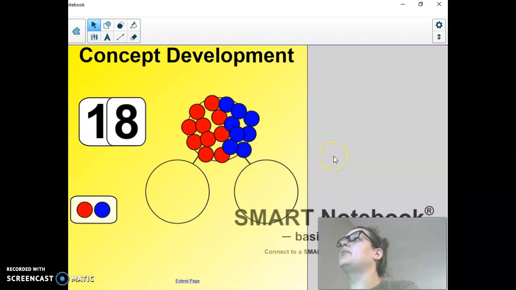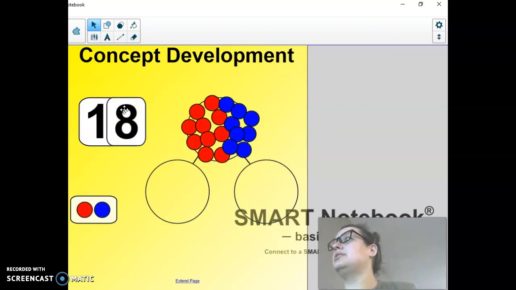Okay, now for this problem, I want you to think and show me just how you would split this number up. Does anyone know this number right here? 18. Very good.